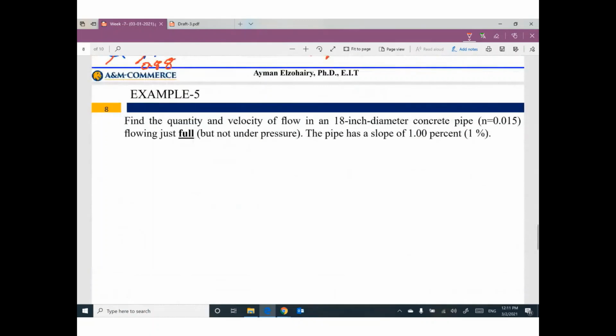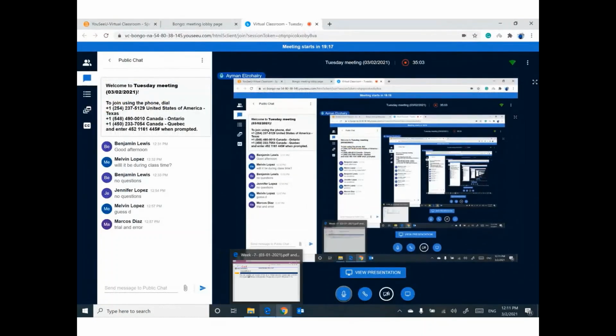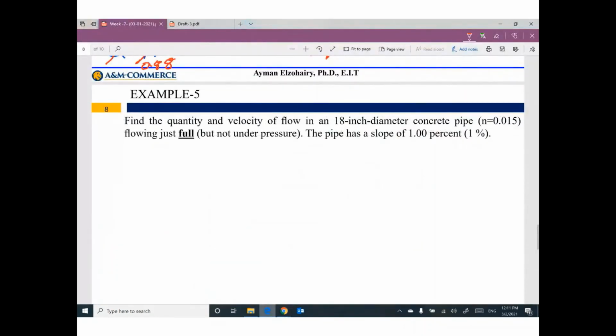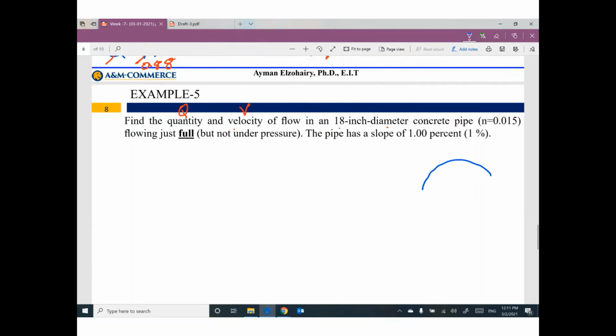One more example, and the last one for today. Any questions so far, guys? You have any question? We are looking for quantity, discharge, and the velocity V in 18-inch diameter concrete pipe. This type is a concrete pipe and the diameter is 18-inch.